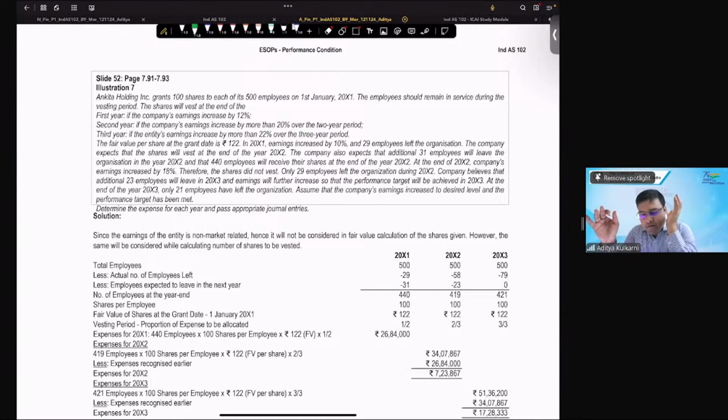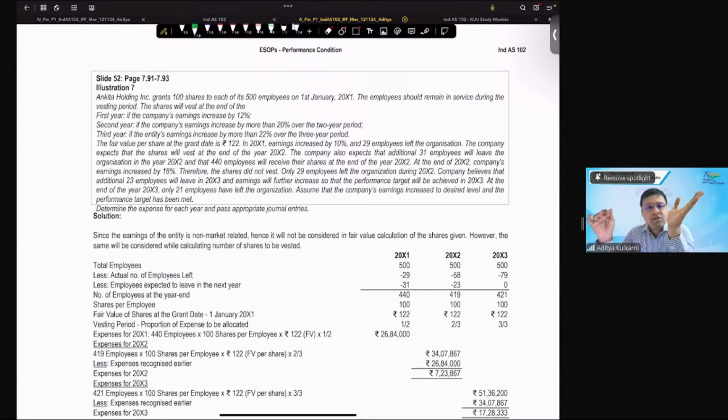Fair value is calculated using the binomial or Black and Scholes model. To a great extent, these models rely on market values along with certain indicators. They are given those 6 indicators that are there in the theory: life of option, exercise price, and all those things. Now, when I talk about non-market-based conditions, none of those conditions will form part of the valuation.